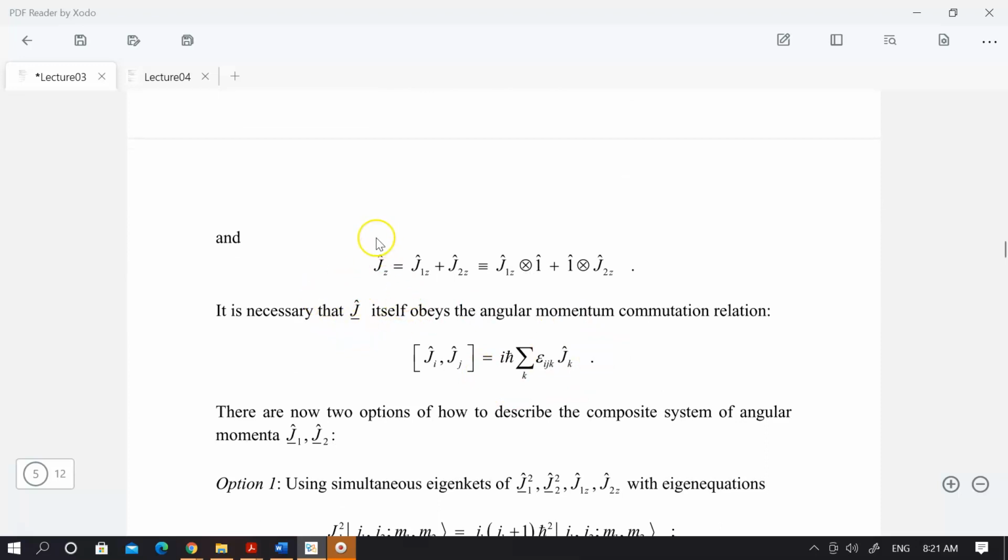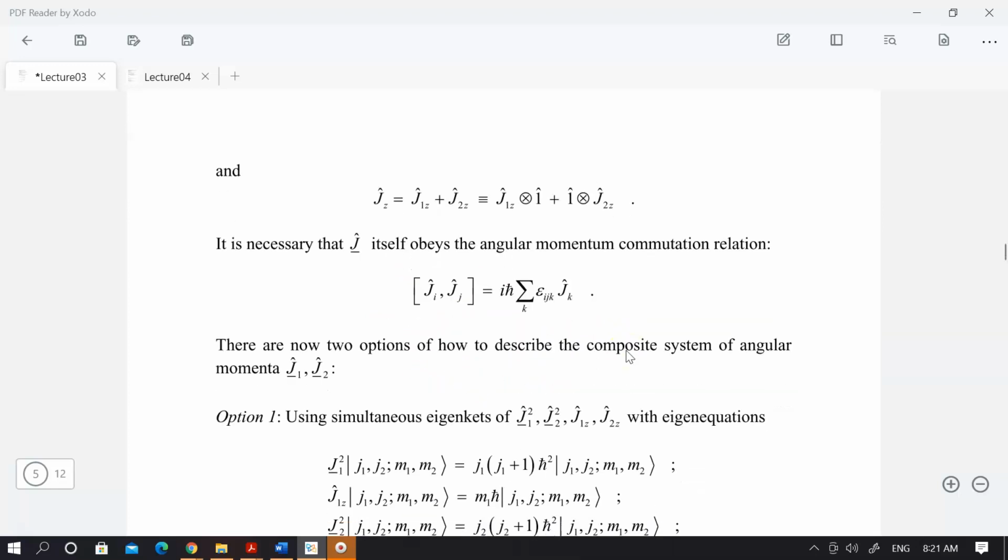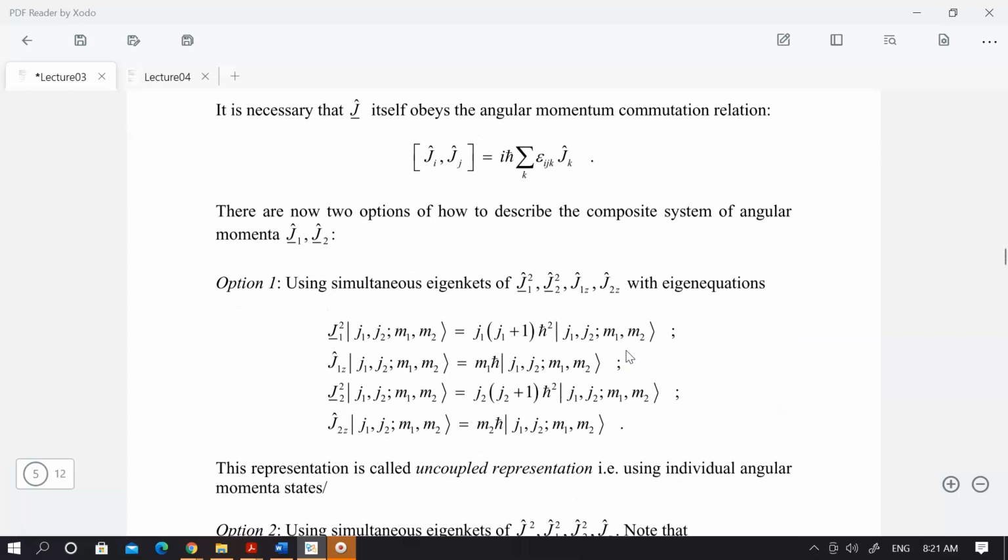One would expect that the total angular momentum has the same angular momentum commutation relation. So one can use the angular momentum eigenstates of the total angular momentum, and this can be done together with your J1z and J2z.